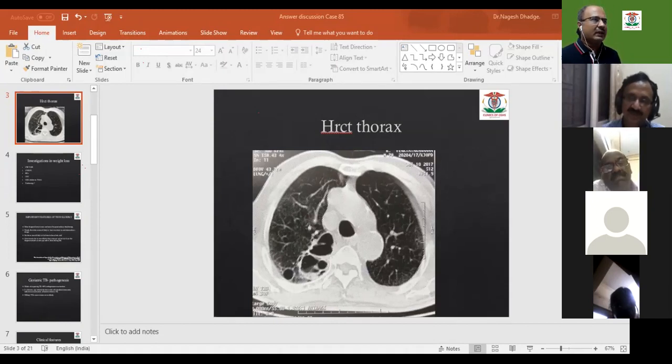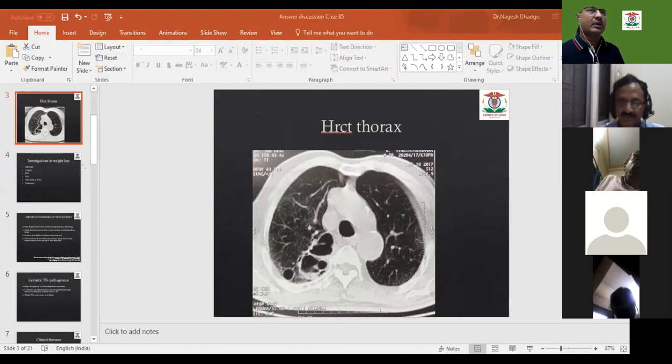Okay. Any questions from the audience to our expert panel, to Dr. Srinivas Kumar or Dr. Ravichandra? They can ask any questions related to this case or tuberculosis in the elderly. Any questions anybody wants to ask about tuberculosis in general?